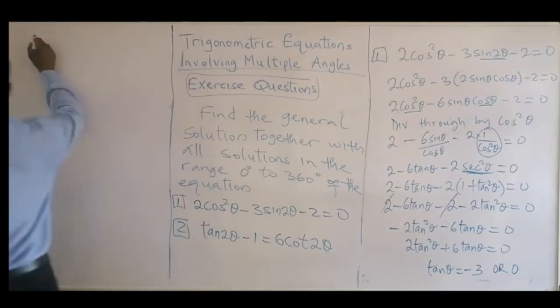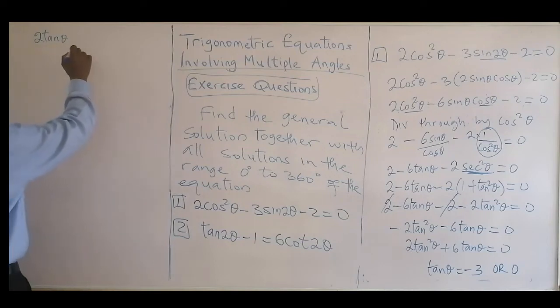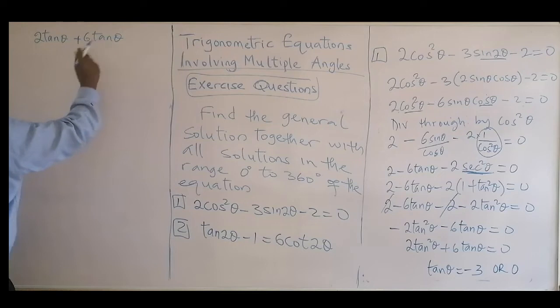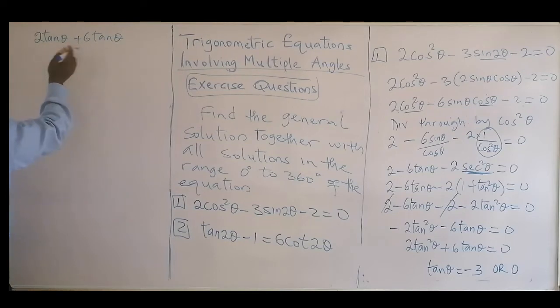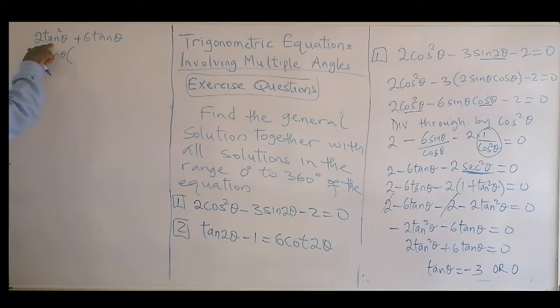You can also do it another way. It's just algebra. You can factorize out 2 tan theta, and the main one here now is tan theta.